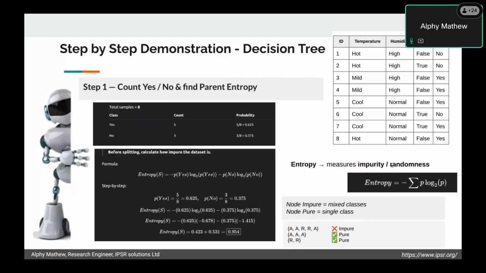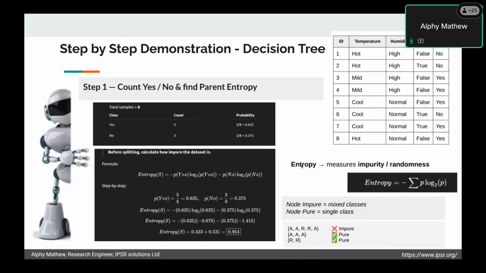The higher the value of entropy, the higher the impurity. Impurity means mixed classes; purity means a single class. If entropy is high, there is impurity; if entropy is low, there is somewhat less impurity; if entropy is 0, then it is pure. That is the idea of entropy.